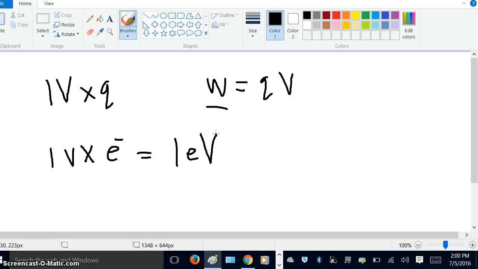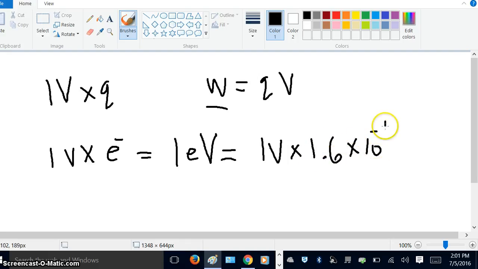That turns out to be 1 volt times the charge, and we know the charge of an electron, so it's 1 volt times 1.6 times 10 to the minus 19th. And remember, this is coulombs, but now we have volts times coulombs, and this becomes joules.